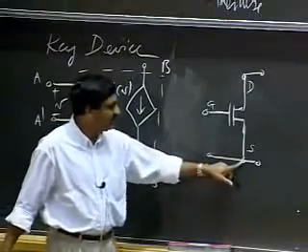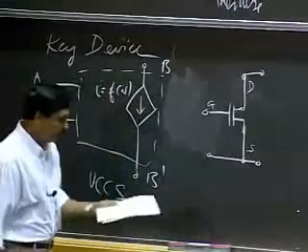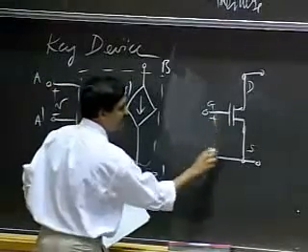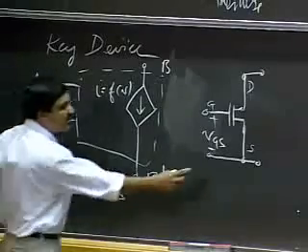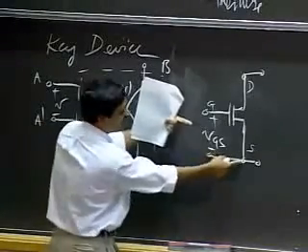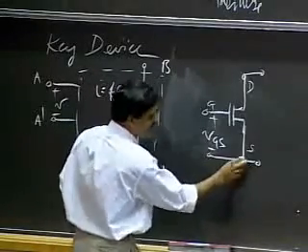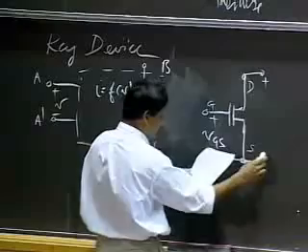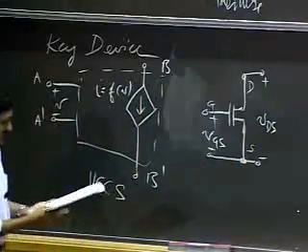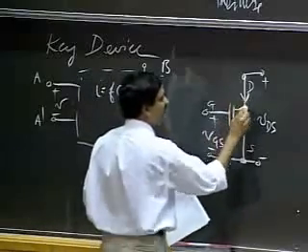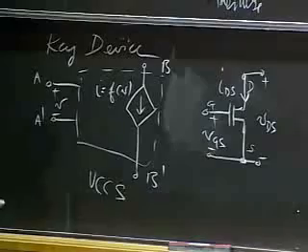I just use this terminal to be common across both the gate and the drain, and so this voltage here is VGS. I'm using the source terminal along with the gate as a terminal pair, and the same source along with the drain as another terminal pair. So I have a VDS out there, and I have some current, IDS, that flows out here.